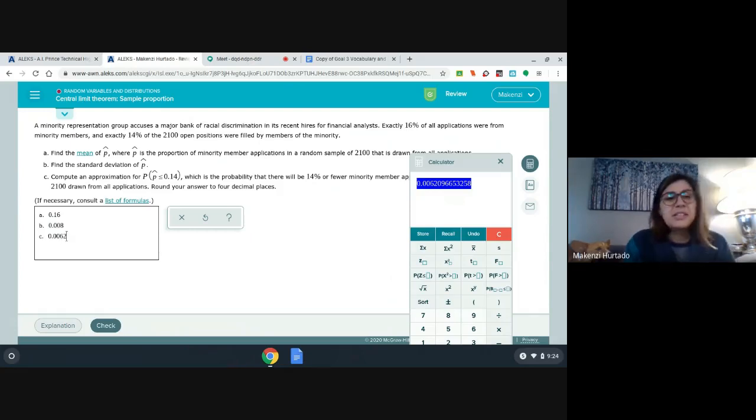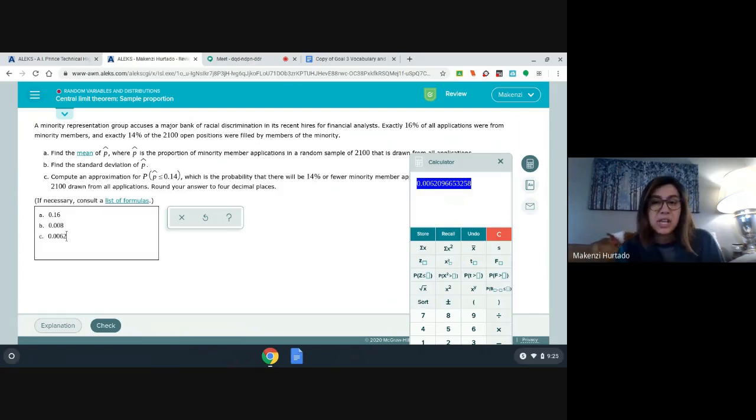So this is a good example of how we use statistics to tell us the minority representation group is blaming, or is accusing, this bank of racial discrimination. If 16% of applications were from minority members, you might say, oh, 14% isn't really that small of a number for people that filled the positions.